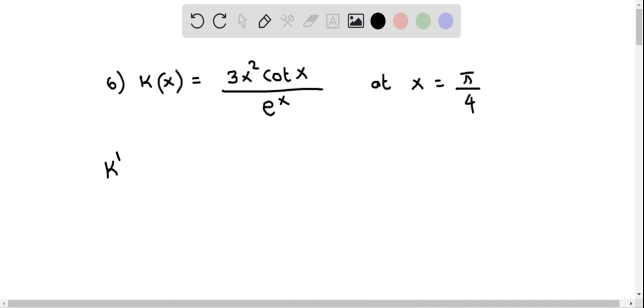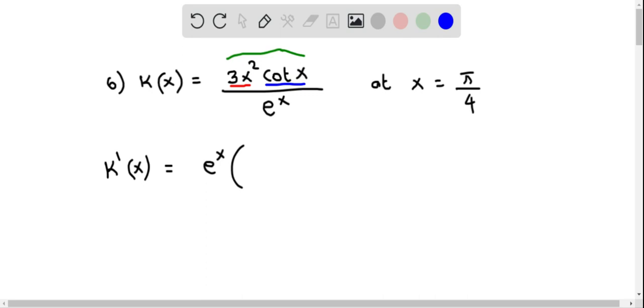I write down k prime of x, and this equals, I first put the denominator function, that is e power x, multiplied with the derivative of the numerator function, which is 3x squared cotangent x. To find this derivative, we should apply the product rule. So let's consider 3x squared as the first term and cotangent x as the second term.